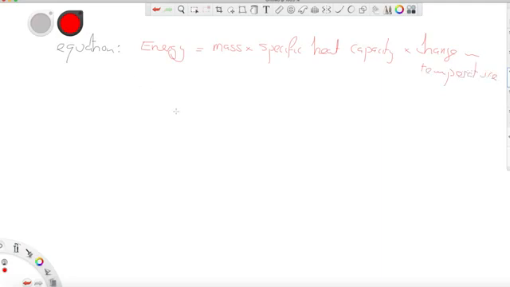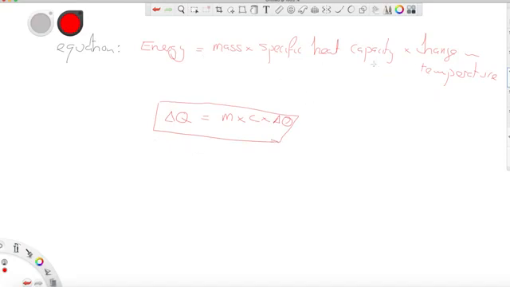Or the change in the energy is the mass times the specific heat capacity times the change in temperature. So there is the equation for specific heat capacity.